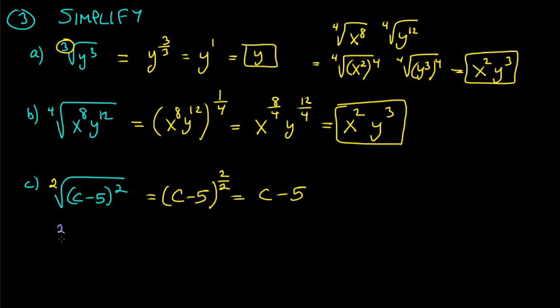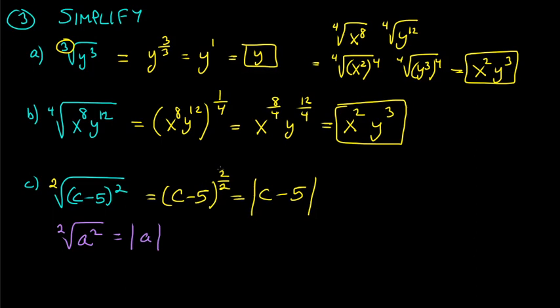So in general, if you take the square root of something squared, this is just the absolute value of a. So we're missing the absolute value here, right? So yeah, we're not assuming that c minus 5 is positive. It doesn't say that in the directions.